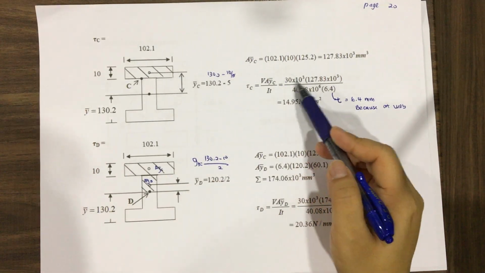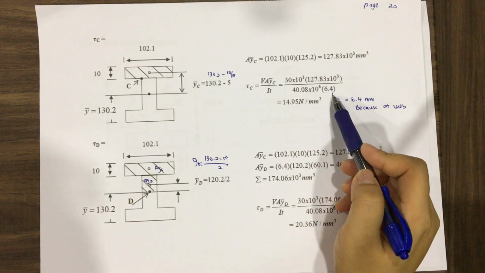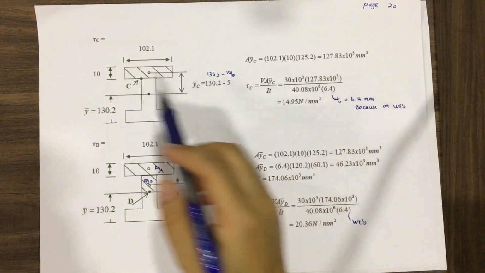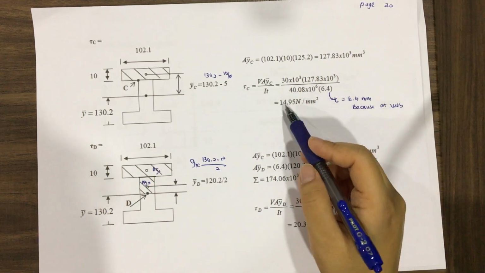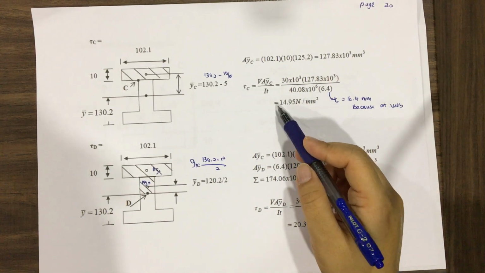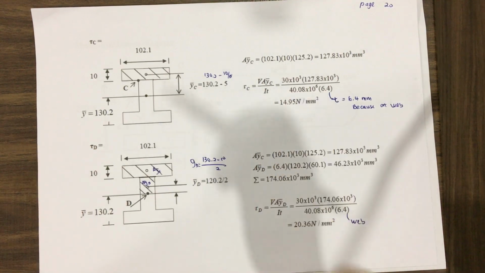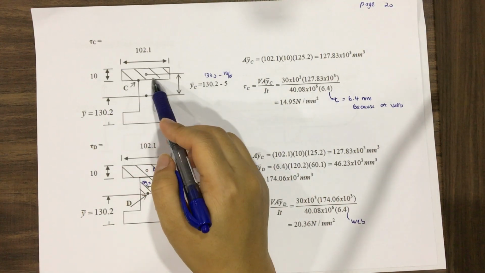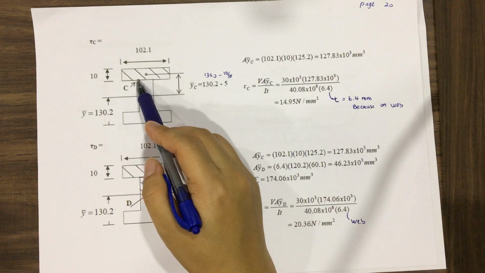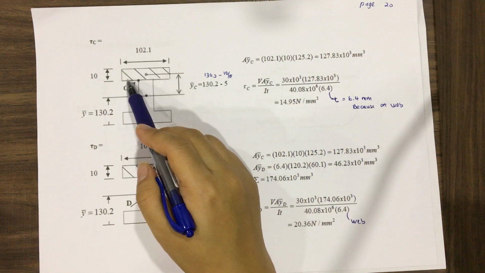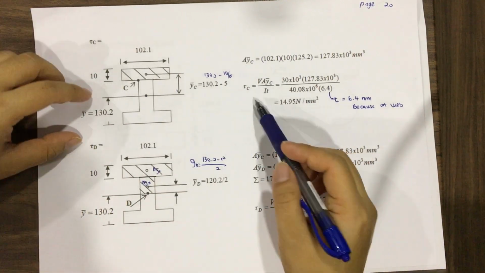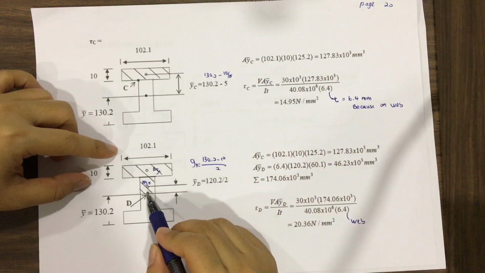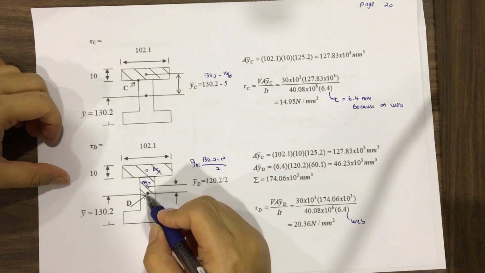But everything is the same except the T. T is the thickness of the web. So we can input the value, then we will obtain the higher shear value. It means that even at the same YC location, a point at the web experiences higher shear stress compared to the flange.